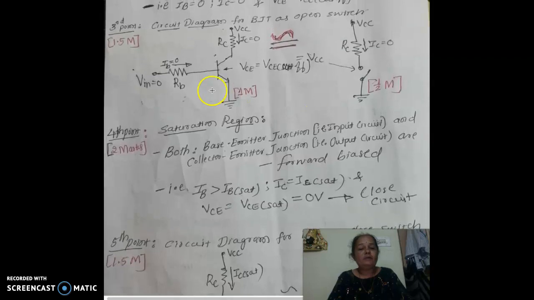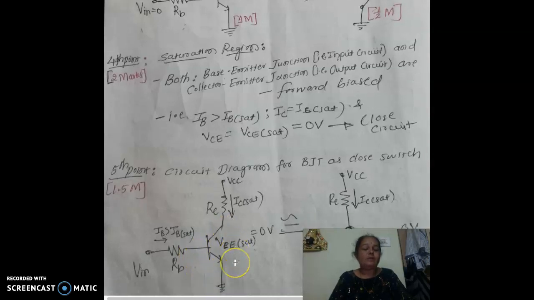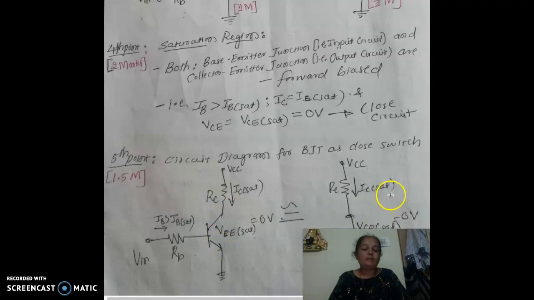When both junctions are reverse biased, it is in the cutoff region, and it is an open switch. When both junctions, the base emitter junction and the collector emitter junction, are forward biased, then during saturation VCE sat, the voltage between collector and emitter, is equal to 0.